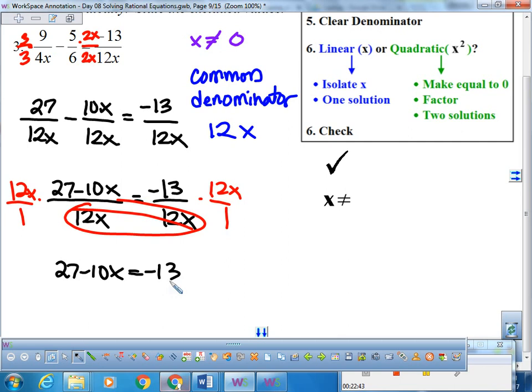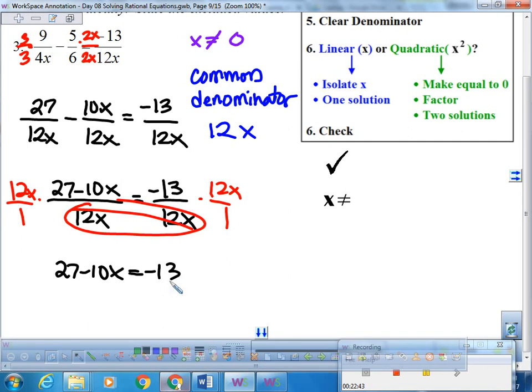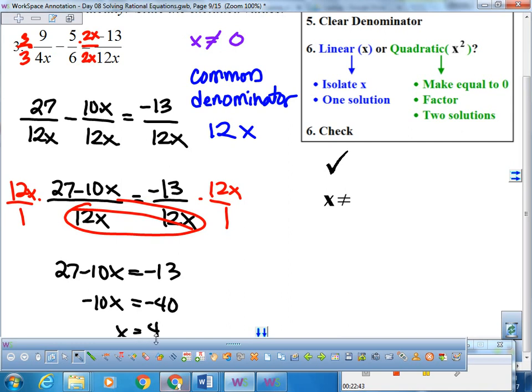So I'm going to subtract 27 from both sides. When I subtract 27 from both sides, what do I get? Negative 40. Then when I divide both sides by negative 10, I get positive 4.